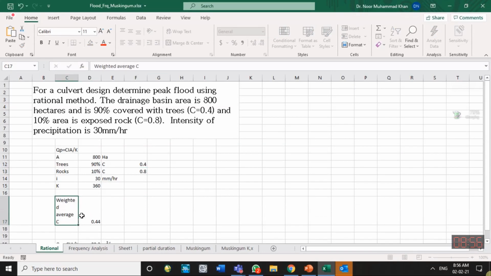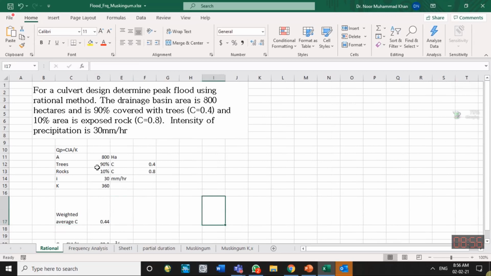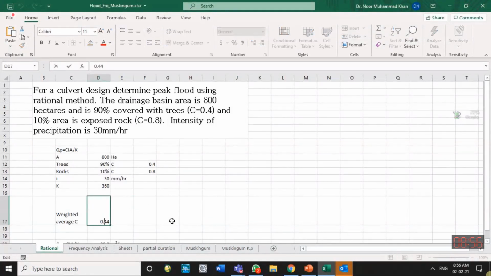That is based upon the percentage of the area, we multiply them with the respective C value, and we add them together. For example, this 90% multiplied by 0.4 plus 10% multiplied by 0.8 will give me the weighted C value. So इसने calculate क्यों नहीं किया?